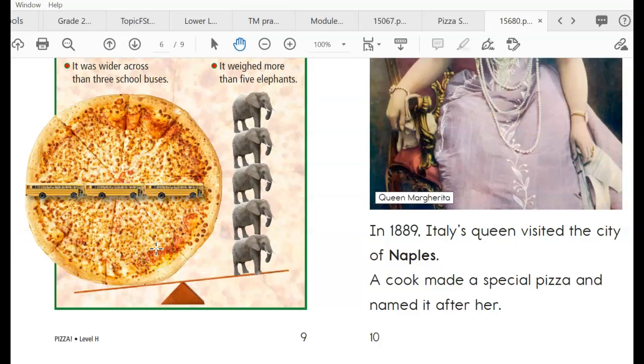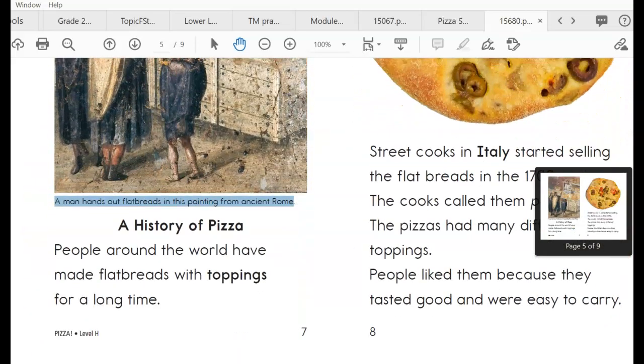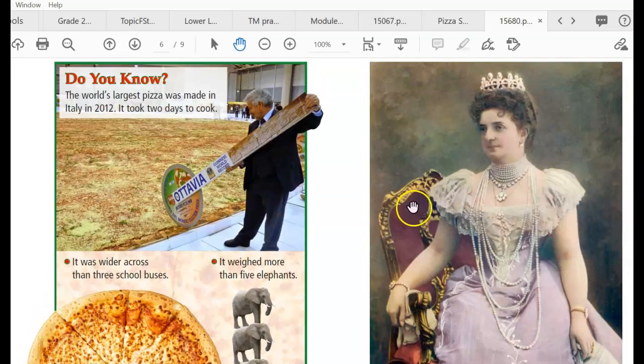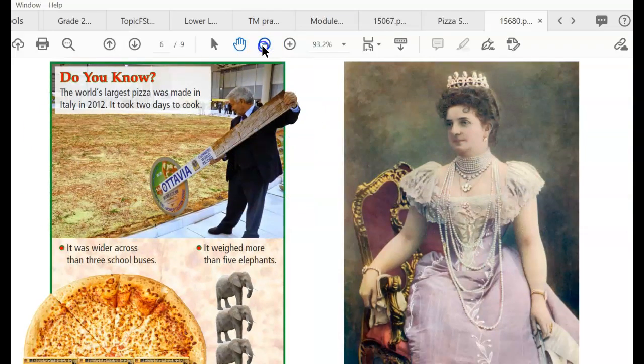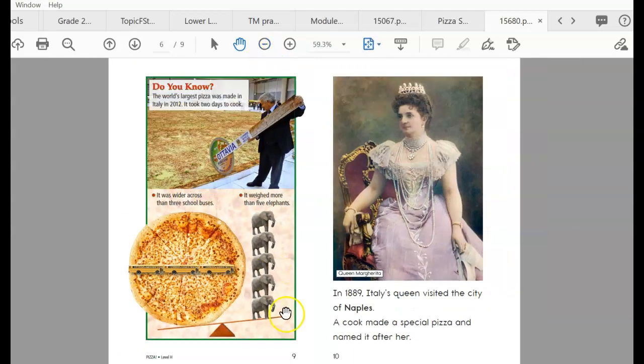So I think that the author chose these text features on purpose to show us that this pizza must be absolutely huge, and we really can see that in the picture. So I think the text features did an even better job than when we were just able to read the text about pizza like we have been this week.